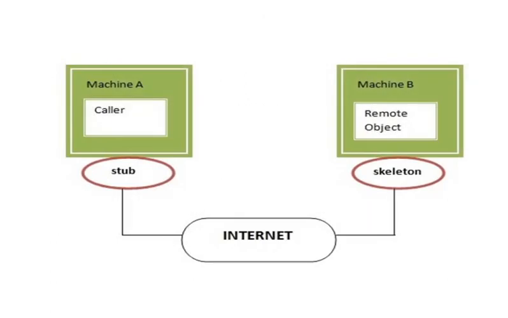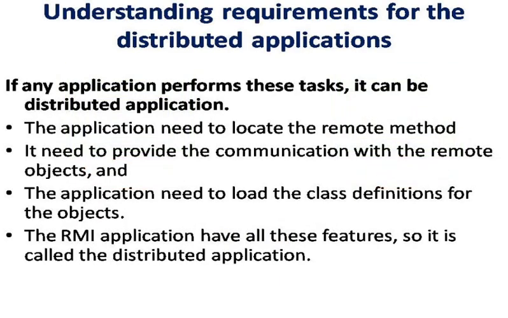This is the pictorial representation. We have the stub on the client side and the skeleton on the server side, and communication can happen through a public network or a private internet. For RMI, we say this is a distributed application.